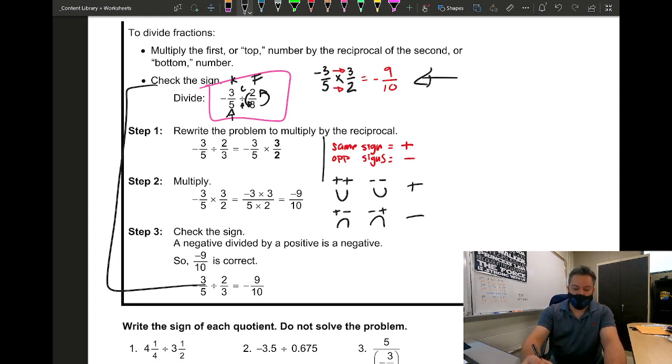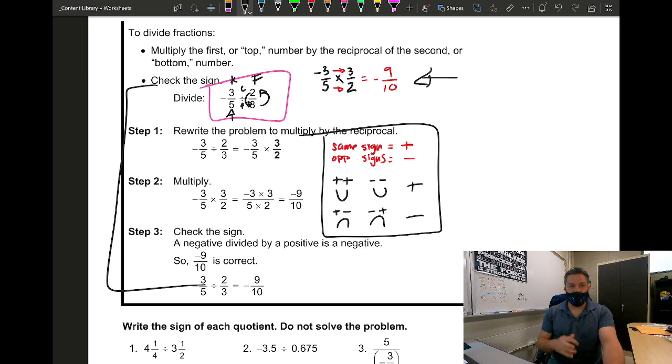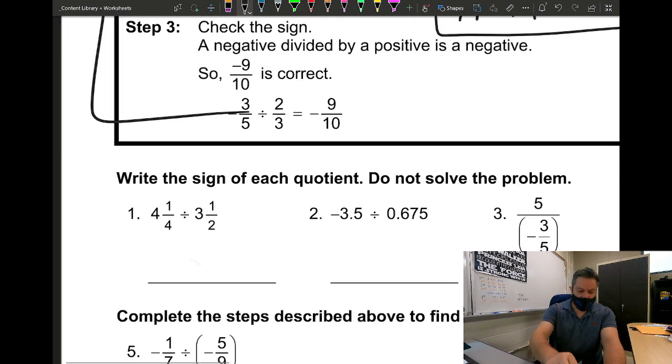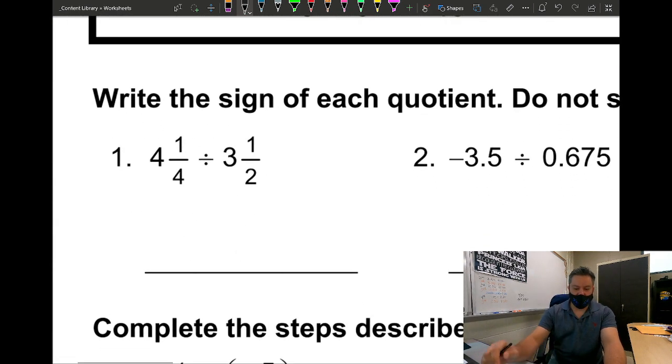But I did want to go over these rules right there. Very important rules for multiplying and dividing rational numbers. Now, let's look at number 1. We have a mixed number. And just like when we did adding and subtracting, before we can do anything, we have to convert them into improper fractions.